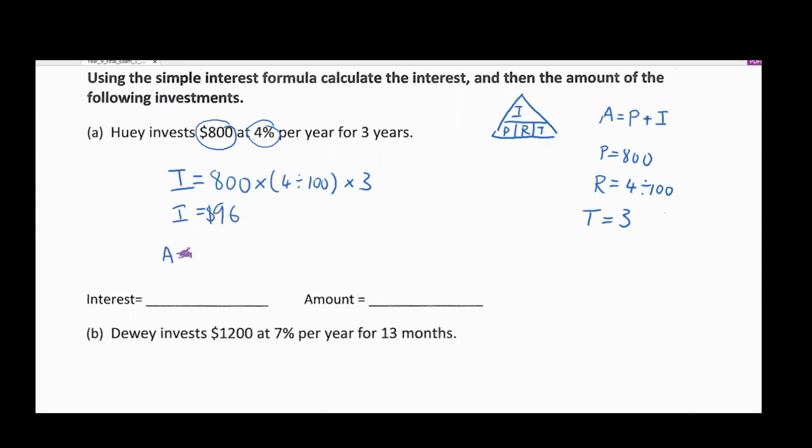So our amount is going to equal our principal, which was 800 plus 96, which equals $896. So interest $96, our amount $896.